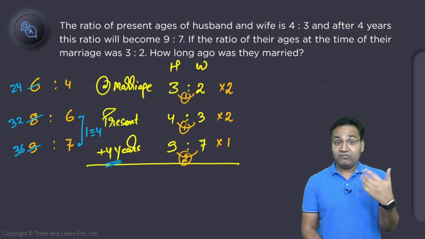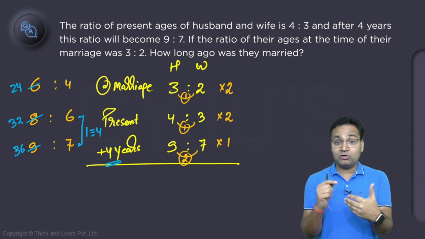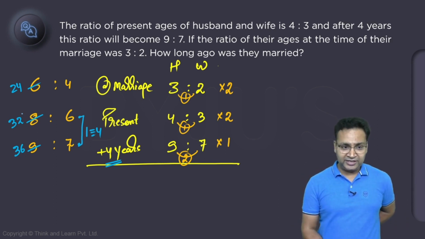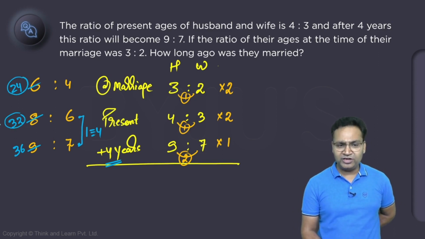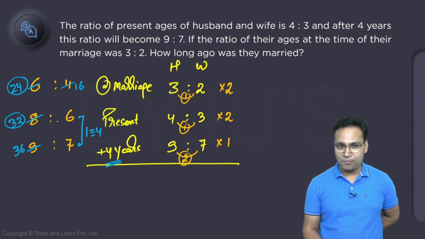Tell me when they were married. How long ago did they get married? Currently the age is 32. At the time of marriage, the husband was 24 years old. Clear? But this is not a legitimate marriage because that lady is 16 years of age. Thank God it is a mathematical question.